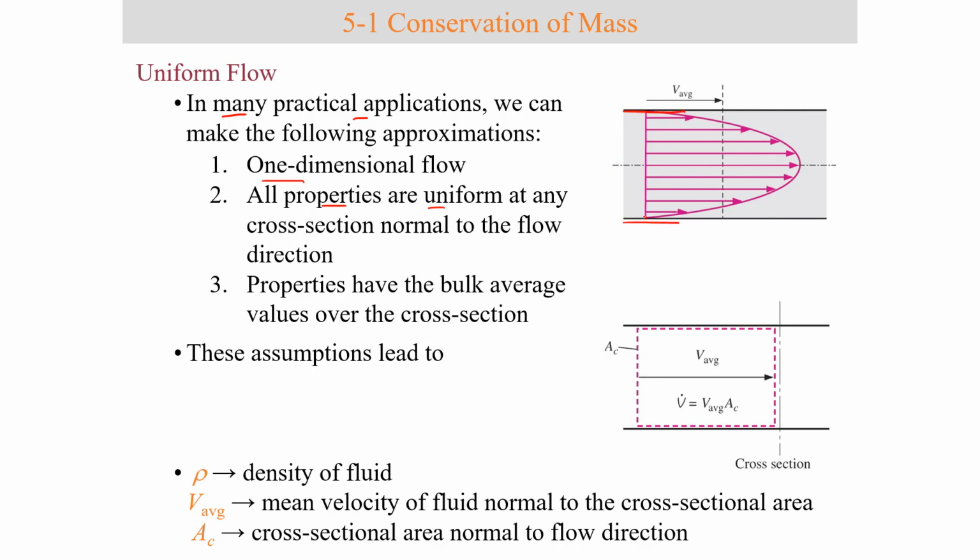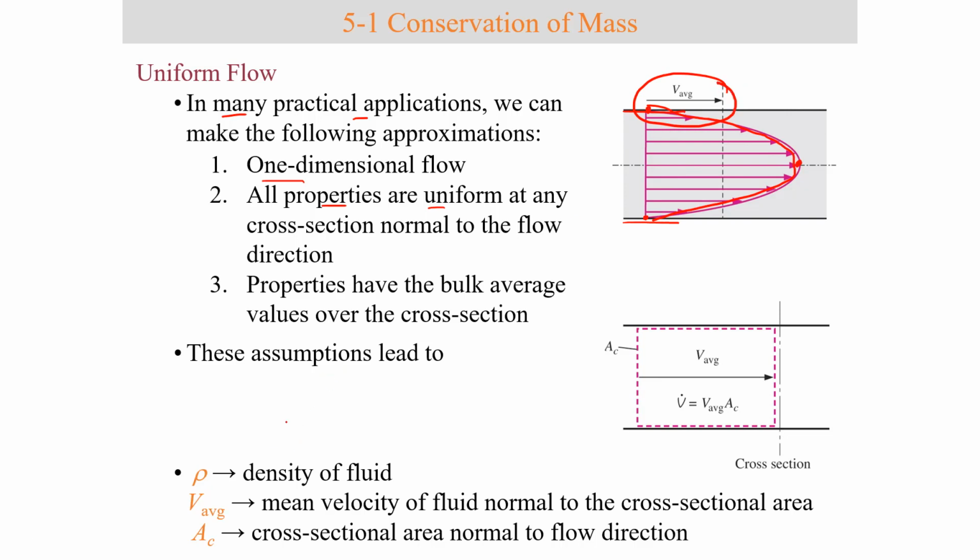We can assume that the velocity of the fluid is 0 at the inner wall of the pipe, but at a maximum in the center of the pipe. This change in velocity between the wall and the center is called a velocity profile. What we're going to do is assume that the fluid flows through the pipe at an average velocity.